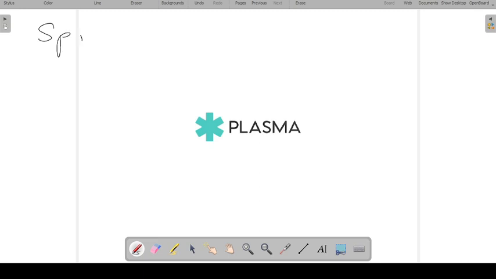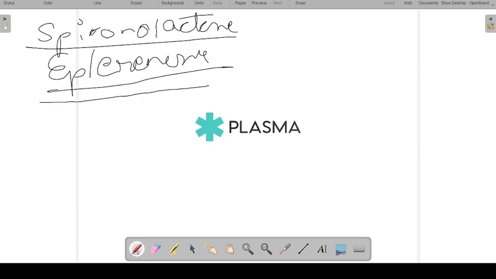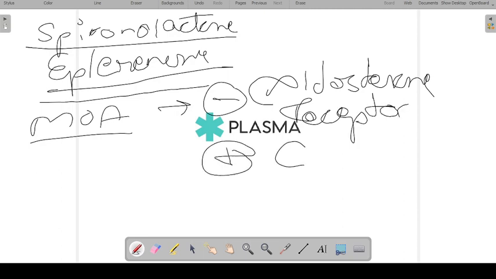Now, spironolactone, eplerenone. The mechanism of action is that they block the aldosterone receptor present in the collecting tubule.